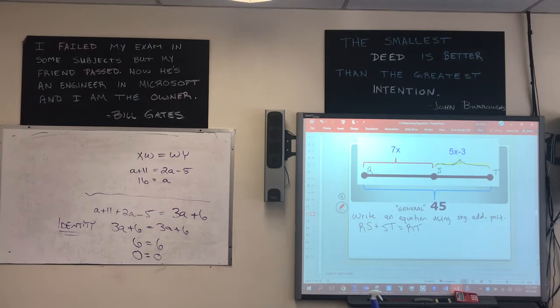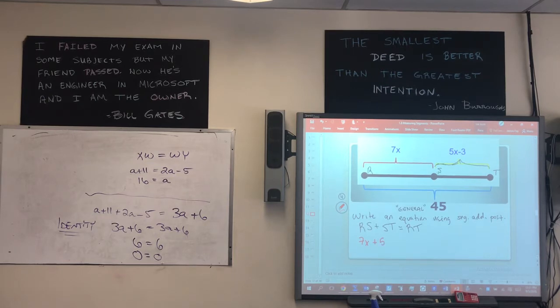Okay? So we're going to now substitute. So RS, what do they call it in our picture? What is another representation for RS? Correct. 7x, that's fine. So we make that substitution. Replace RS with what it's equal to. So then what is ST? 5x minus 3.